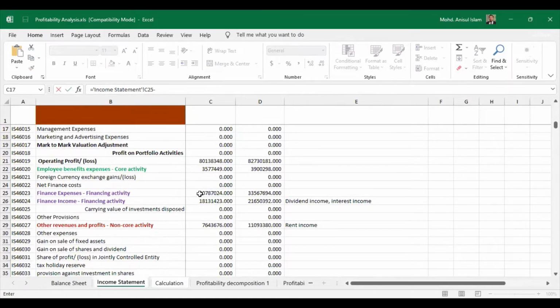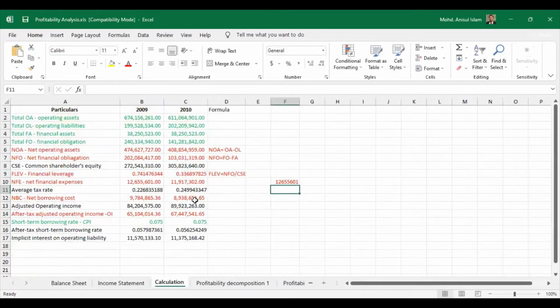And if we subtract which one? The finance income, this number should be the net finance expenses. So this net finance expense should be positive for what kind of company?